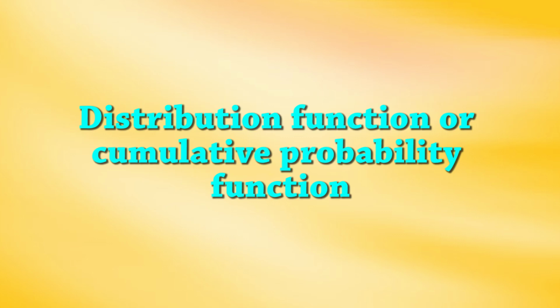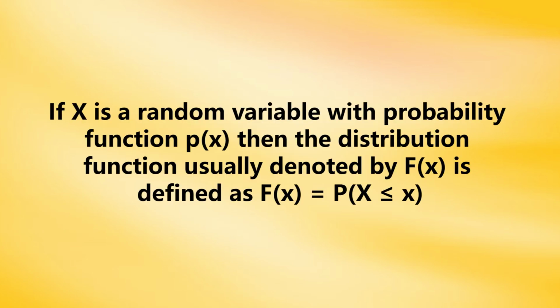Distribution function or cumulative probability function. If x is a random variable with probability function p of x, then the distribution function, usually denoted by F of x, is defined as F of x equal to probability of x less than or equal to x.